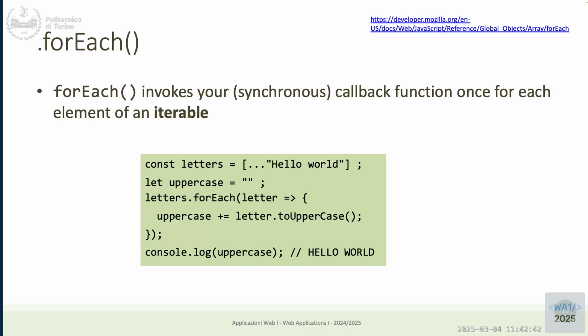Actually, forEach is an implicit loop construct over an array. So forEach is a method of the array object. So we have array.forEach, and the argument of this method is a callback function that is called for every element of the array.